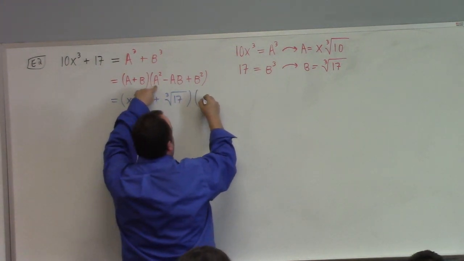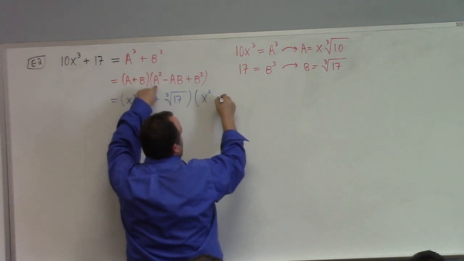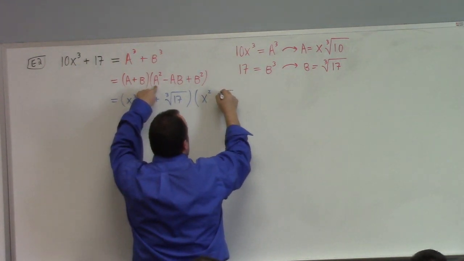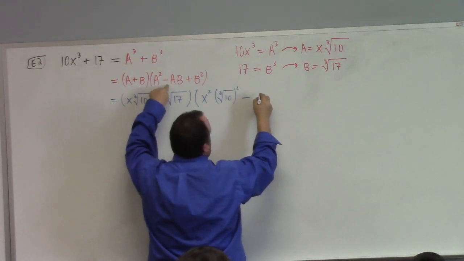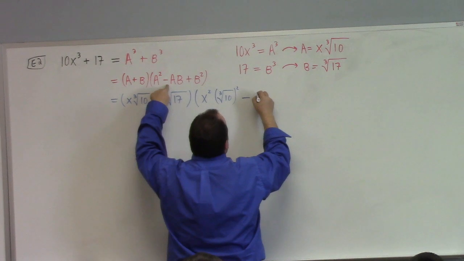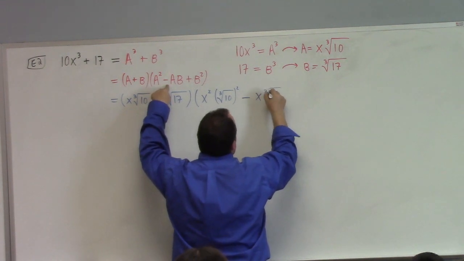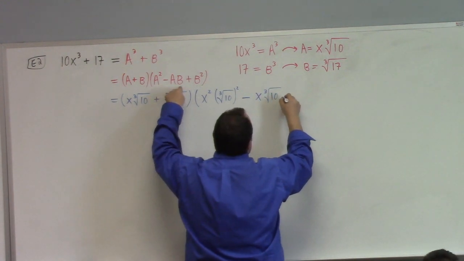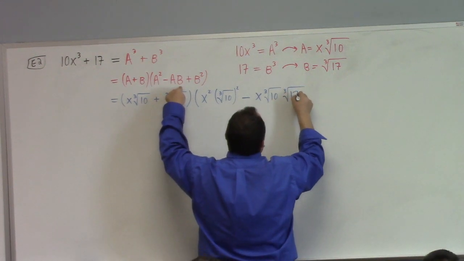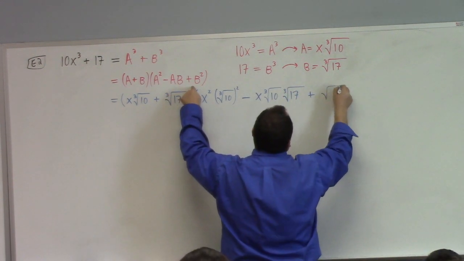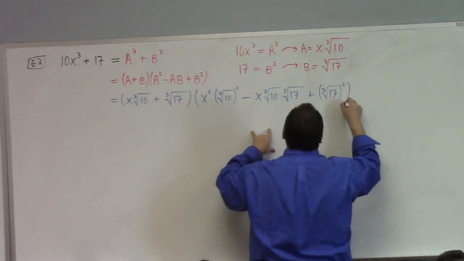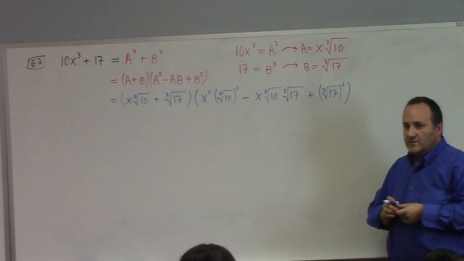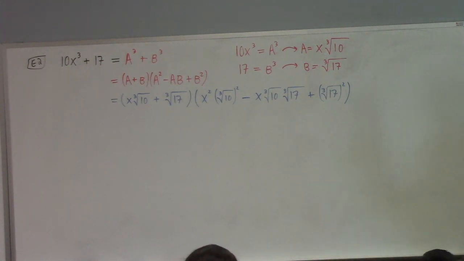Well, a squared is x squared times the cube root of 10 squared, minus x times the cube root of 10 times b, which is the cube root of 17, plus the cube root of 17 squared. So what I'm doing is plugging in what a and b are into the values.